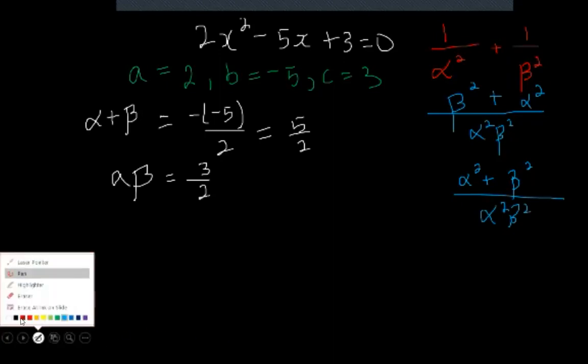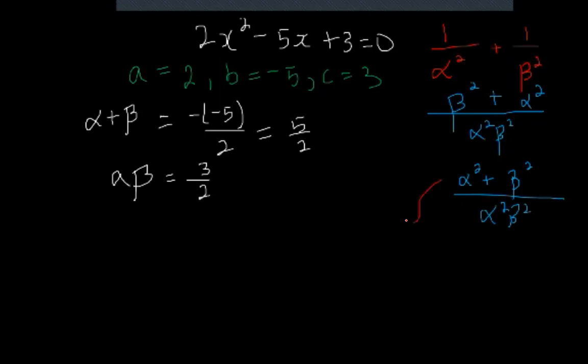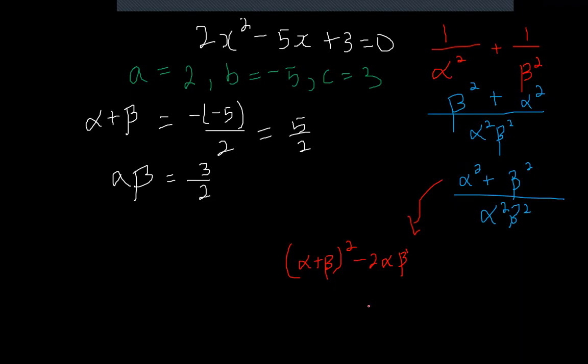And we already know that alpha squared plus beta squared is the same as alpha plus beta squared minus 2 alpha beta. Remember that? Yes, miss. Everybody remember? That was number 3.